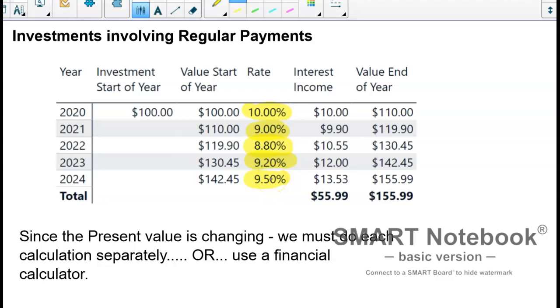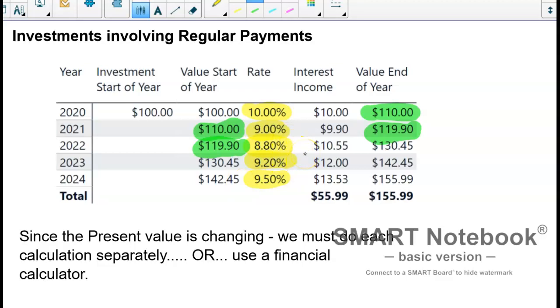And the present value, you'll notice then that it generates the interest, and then the present value, or what your value is at the end of that first year, is the value that started with the second year. And then you have a new interest rate, and that calculates a new interest of 119. And then the next year you put that much into the investment at the new interest rate.